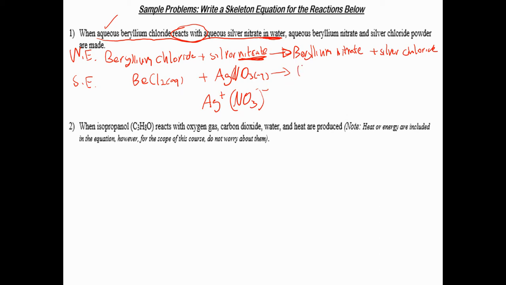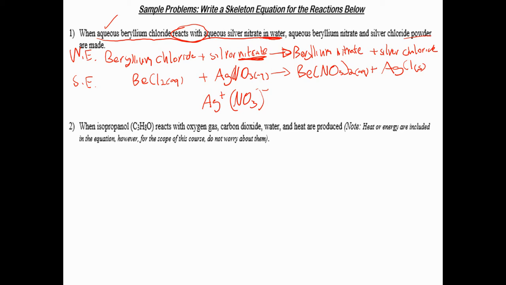And then beryllium nitrate, same thing, crisscrossing to get this, aqueous. And then finally, silver chloride, AgCl, powder. So that's solid. And there we have our word equation and skeleton equation. Write the word equation first so you don't get confused with the big description that's there, then convert it into the skeleton equation from there afterwards.